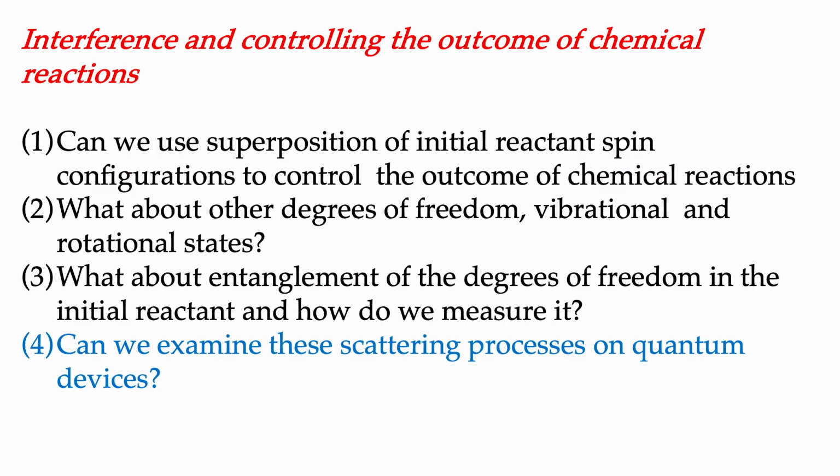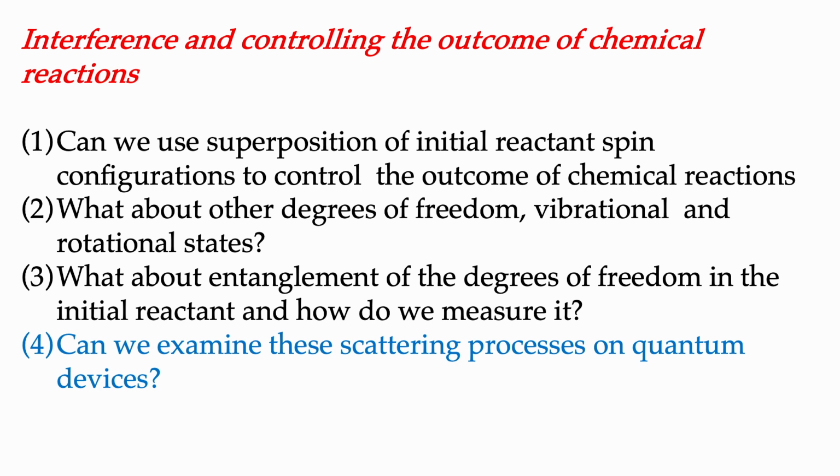So just to summarize what we are talking about here, we are trying to see how the superposition of the initial reactant can control the outcome, and we see this in the spin state with the Yong-Chen experiment. And we ask, can other degrees of freedom, like vibrational and rotational states, also affect the outcome of a chemical reaction? And we are still working on entanglement because we haven't seen yet if there's any role for entanglement in the reactant which affects the product.